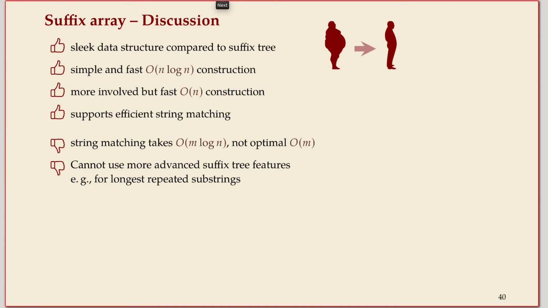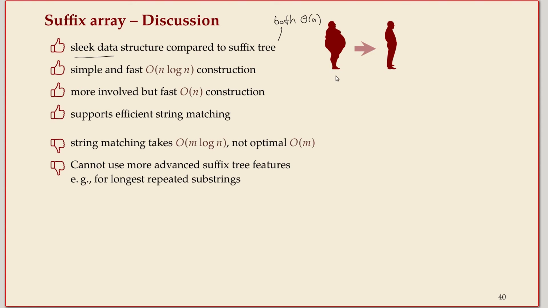Now for suffix arrays, a little intermediate summary. We indeed found a data structure that uses much less space than the suffix tree. Remember, it's only about the constants in the theta of n. So both are theta of n space.